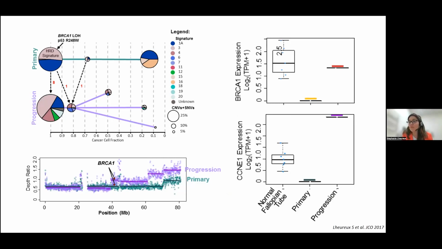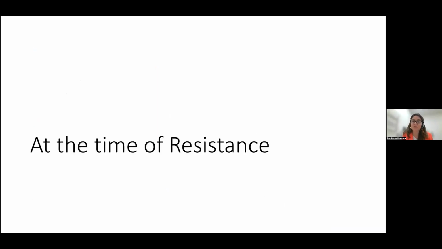At the time of PARP resistance, she restored the BRCA function and expression. In addition, at initial diagnosis she didn't have cyclin E overexpression, but at progression, when she became PARP resistant, she had cyclin E amplification. So definitely with treatment, the tumor evolved, and we will need to target the tumor differently.